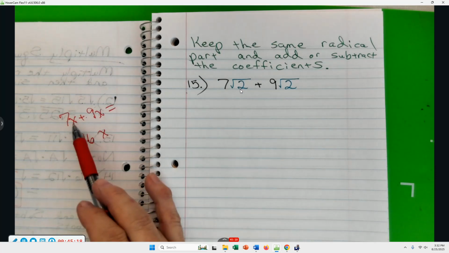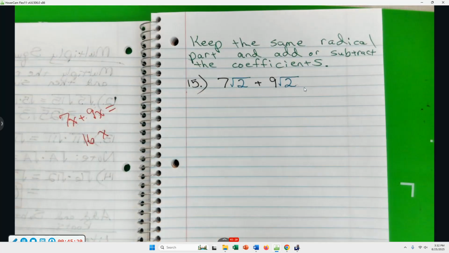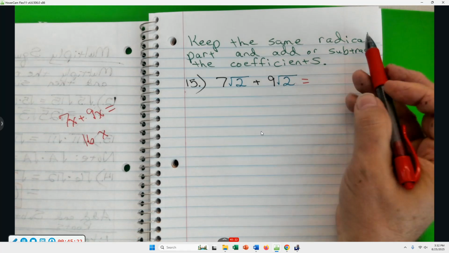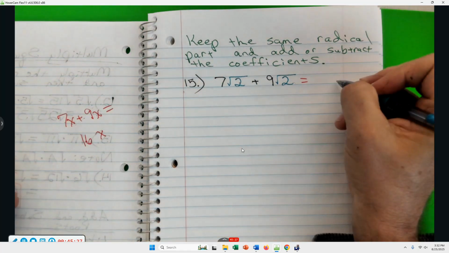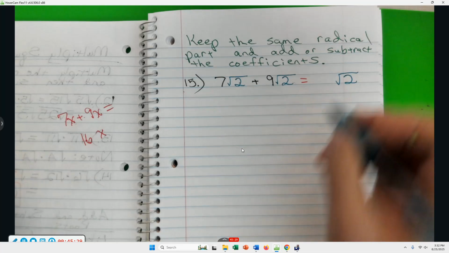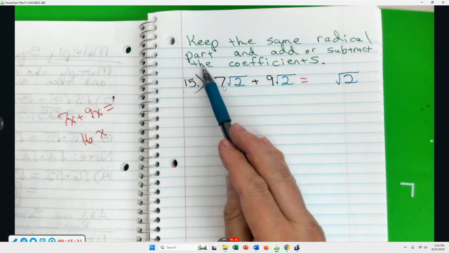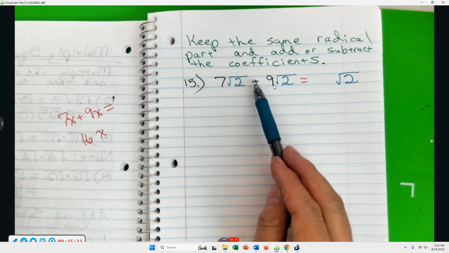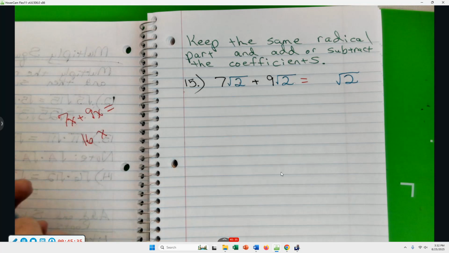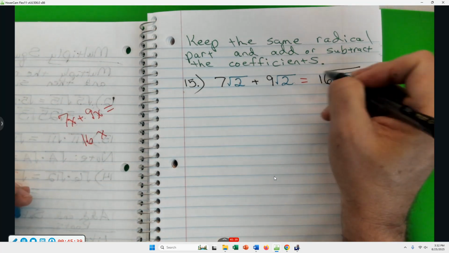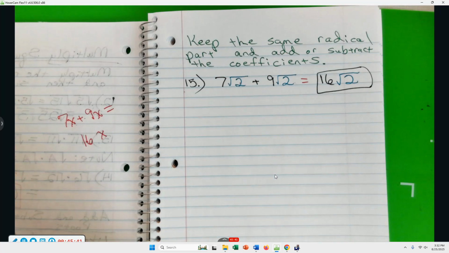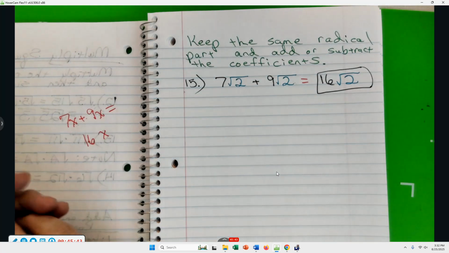7 square roots of 2 plus 9 square roots of 2. You keep the same radical part. In this case, you add the coefficients. 7 plus 9 gives me the 16 for a final answer of 16 square roots of 2. What do y'all think the common mistake is here?